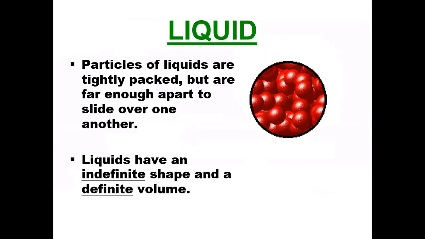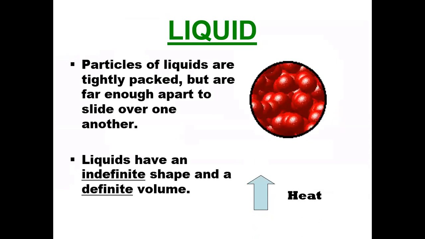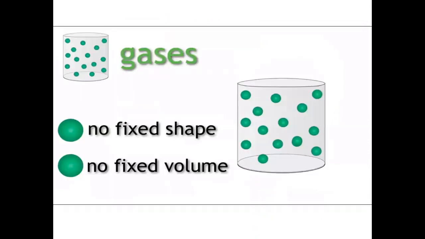Okay, when we heat water, it will turn into water vapor. So water vapor is a gas. Can you see here the particles of gases? They are going everywhere. So they do not have a fixed shape and they don't have a fixed volume.